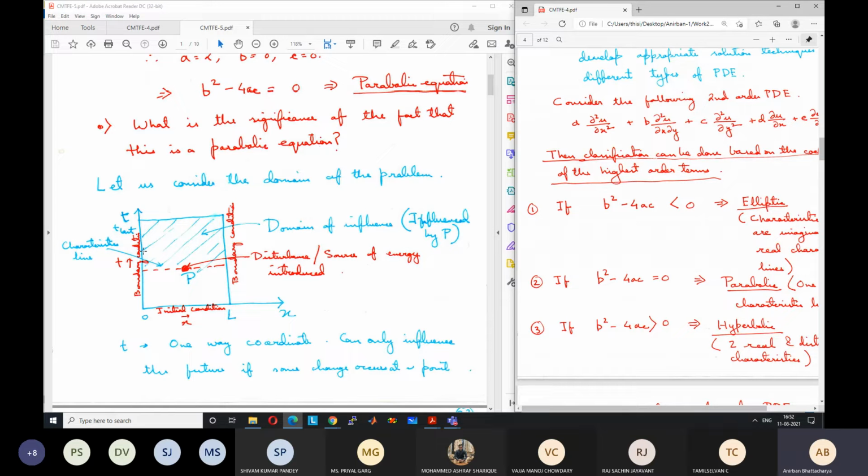So for this perturbation or change that is occurring here, the domain of influence is all the space between 0 and L, but only the time in the future, not the time in the past. This is our domain of influence.